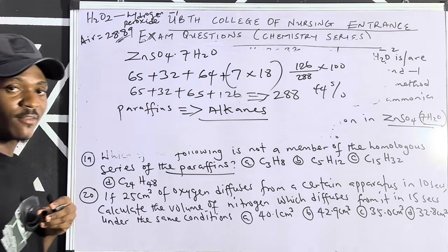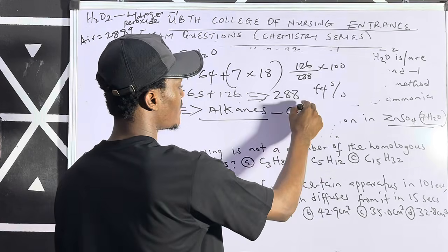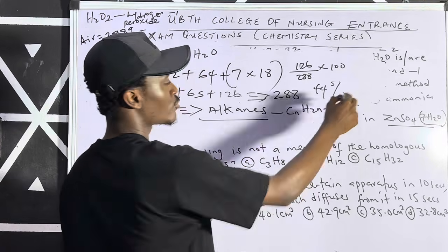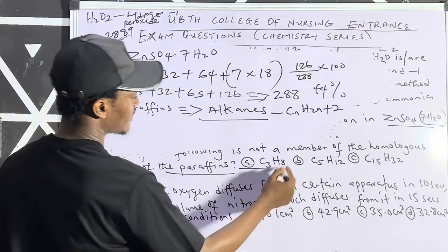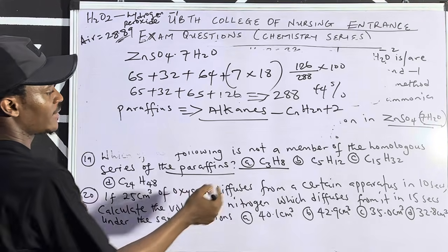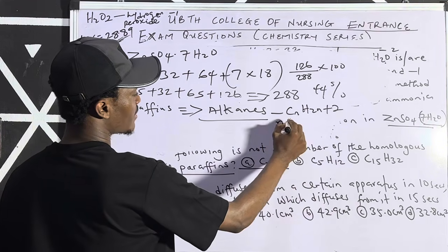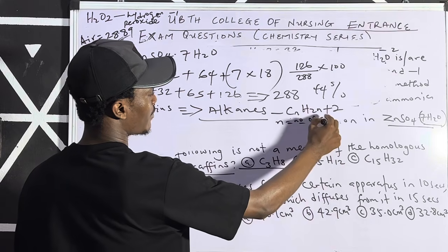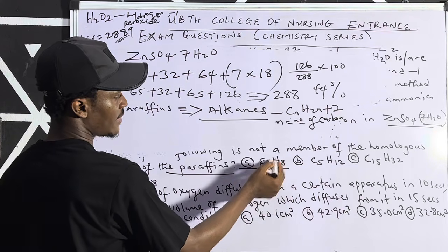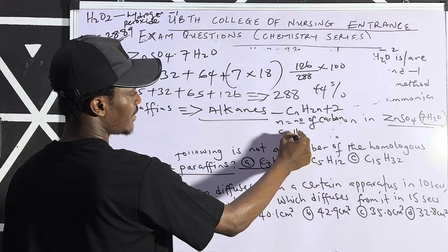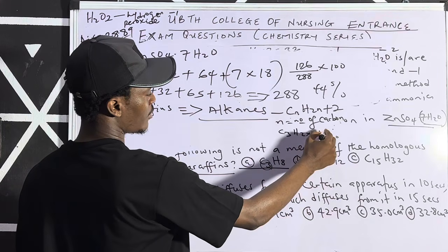And remember that the general formula of the alkanes is CnH2n+2. All right. So looking at this, let's confirm whether that will be a member. Already n, remember, represents the number of carbon atoms. So let's see. Our number of carbons is 3 here, so it becomes C3H2 times 3 plus 2.